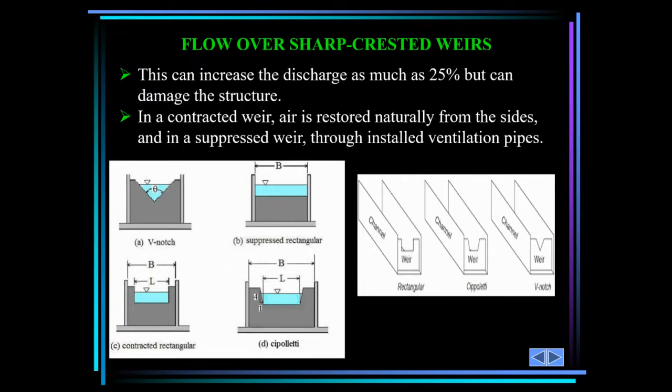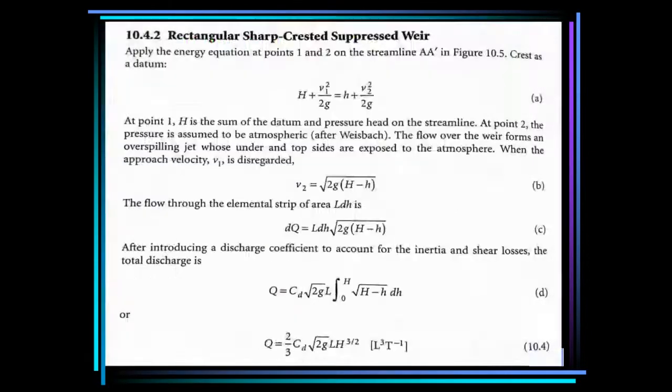So these are some samples of weirs: V notch, rectangular, and Cipolletti, and these are also some of them. The V notch has this angle. This is Cipolletti, in which the side ratio is 4:1, and this is another contracted weir, which is rectangular.